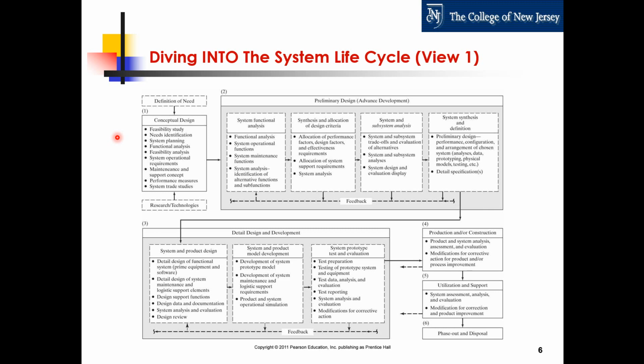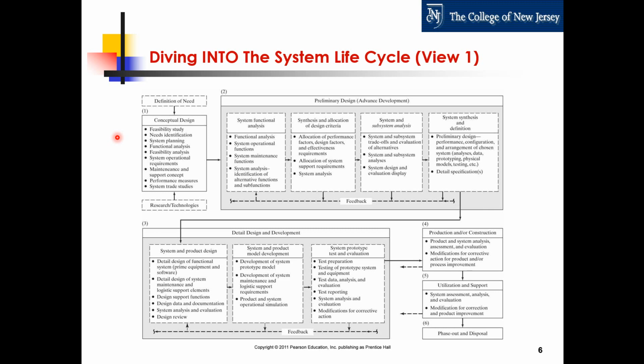So key here is system operational requirements. What is it that the system needs to do? And performance measures is how well does it need to do it. And at this point, we have a lot of information. We have done a lot of forethought about what the system is going to look like. This is a process we're going to cover in detail in chapter 3.